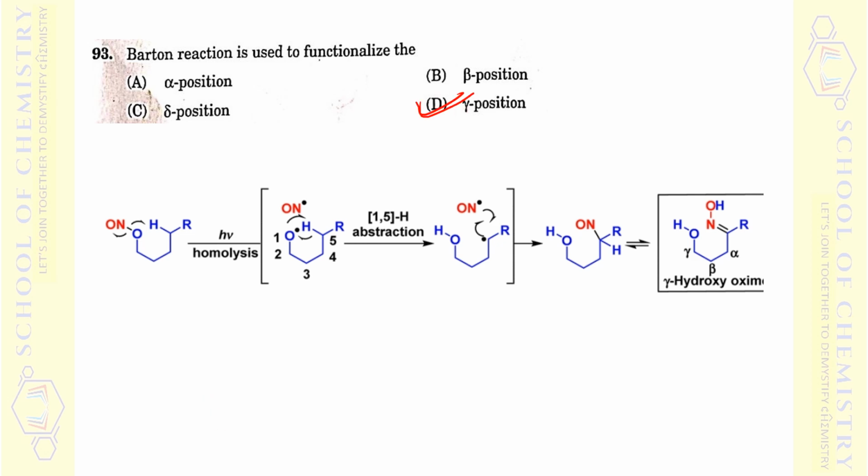The hydrogen which is removed is from the delta position. This hydrogen you can call delta, right? So alpha, beta, gamma, delta carbon atom and delta hydrogen. But the functionalization with respect to the NOH group, the oxime group form, is at the gamma position. So that's how the Barton reaction is considered to be for functionalization of the gamma position.